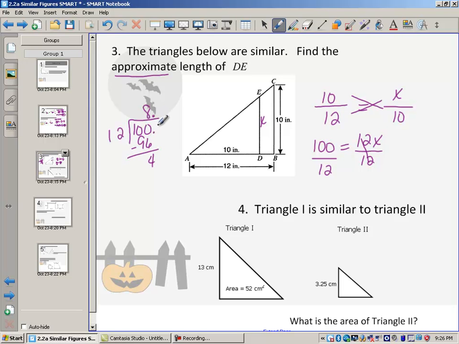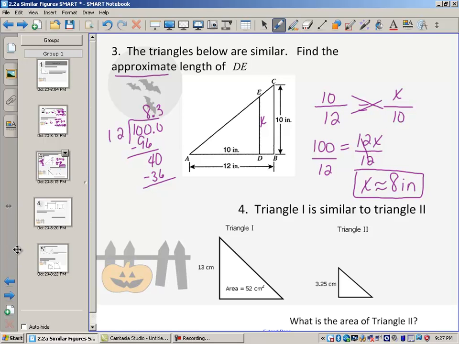Let's put our decimal. 12 will go into 40 3 times, and this is going to keep going. Since it says approximate, I can approximate. So I use the squiggly equal sign instead of a straight one because it's not exactly this. We're approximating. 8.3 is about 8 inches. So my missing side is about 8 inches.